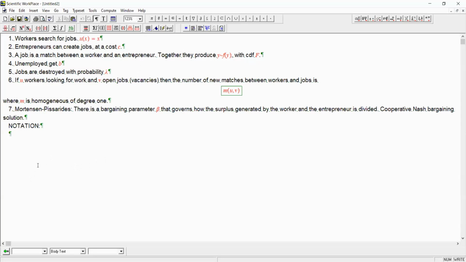Second, let Q be the probability that a firm with an open vacancy, an active job opening, finds a worker.